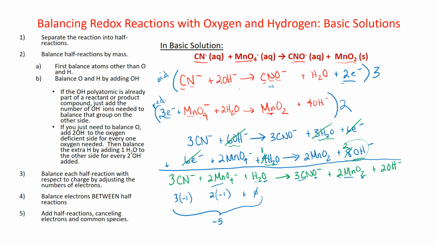On the right-hand side, I've got 3 times -1 for the cyanate. Manganese dioxide is neutral, so that's 2 times 0, which is still 0. And I have 2 of those hydroxides, so that's -2. When I add all of those together, -3 plus 0 plus -2 gives me -5. So that is still charge balanced.